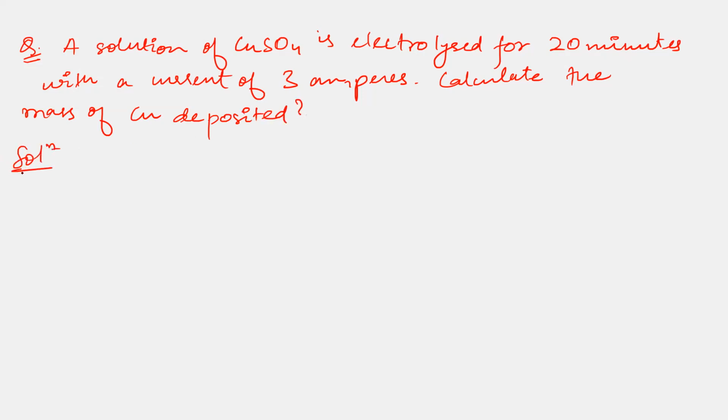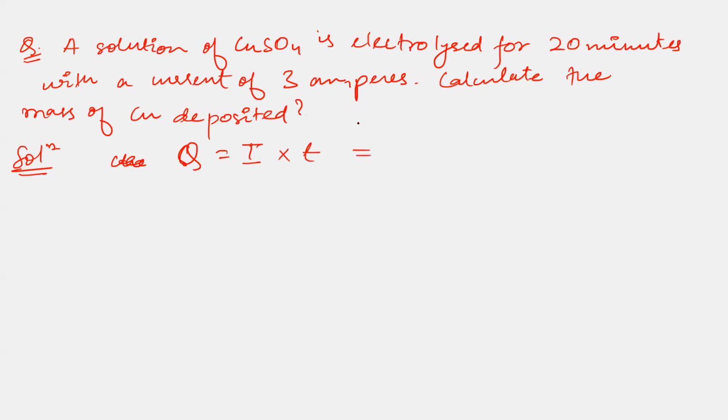So how will we solve this? First of all, we will write the reaction which can take place. Let us first calculate the charge. Charge Q is equal to I into T, right?